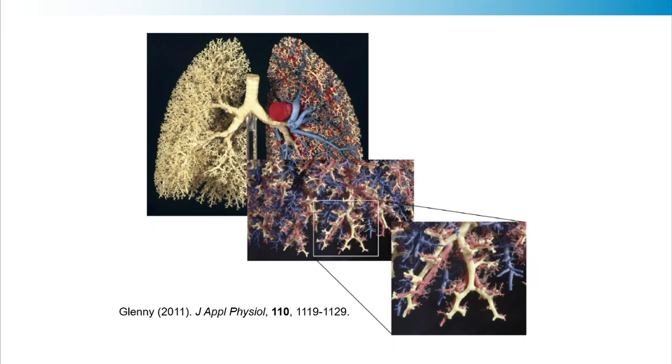The one rule being make a tube, the other rule being branch the tube. And if you carry those rules on at different scales, you get different size tubes and go all the way down to the point where you're able to exchange gases in the alveoli. And that's essentially what the lung is.